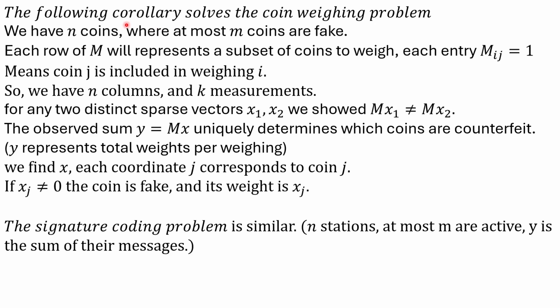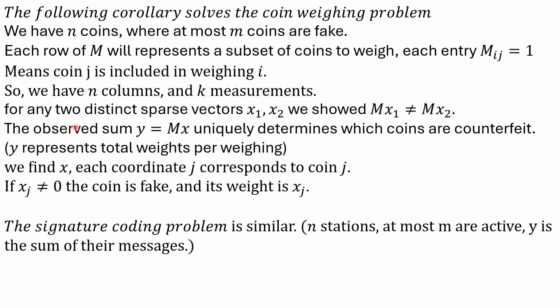We will now show how this solves the coin weighing problem. We said the coin weighing problem is that we have n coins, where at most m coins are fake. Each row of M will represent a subset of coins to weigh. Each entry is equal to 1 if coin j is included in weighing i. So, we have n columns and k measurements. For any two distinct sparse vectors x1, x2, we showed mx1 is not equal to mx2.